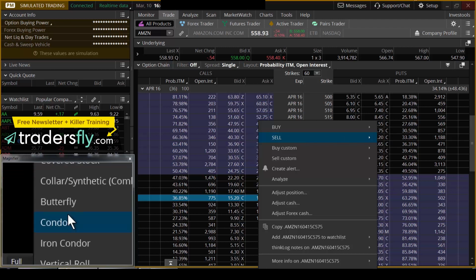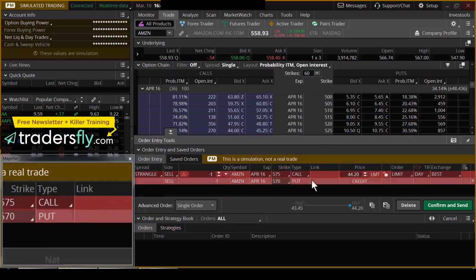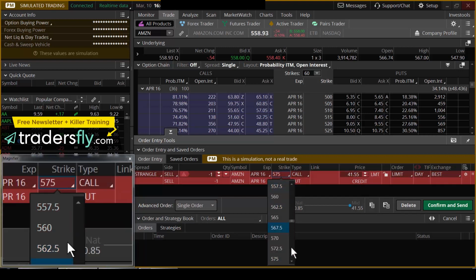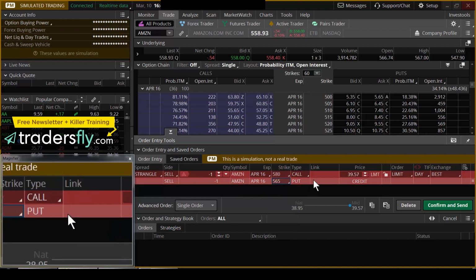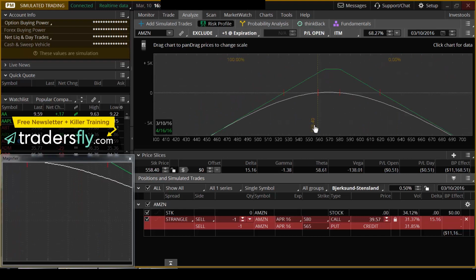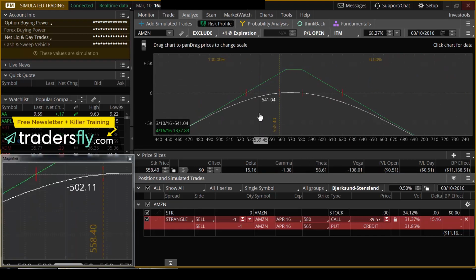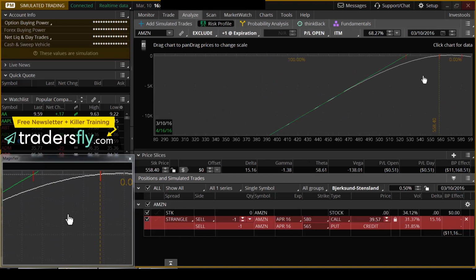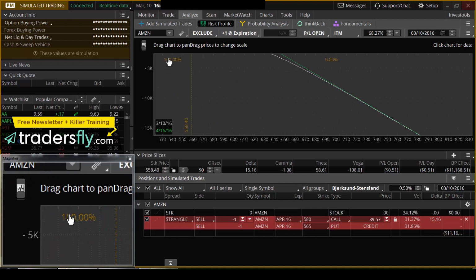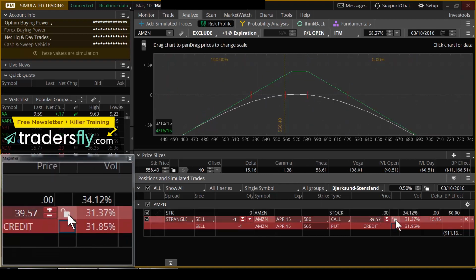So if you go into it and you sell a strangle, now we sell a call and we sell a put, and we could sell, let's say, this at 565, this is at 580. We'll go ahead and analyze the trade. So now you can see you basically make money from option decay, $58 per day, but you have unlimited downside on both sides. So you're losing money on both sides of these ranges if you sell a strangle. So what is it that you do?